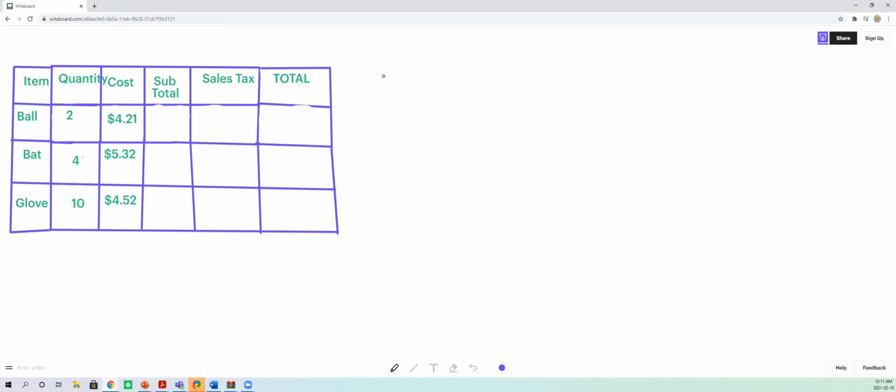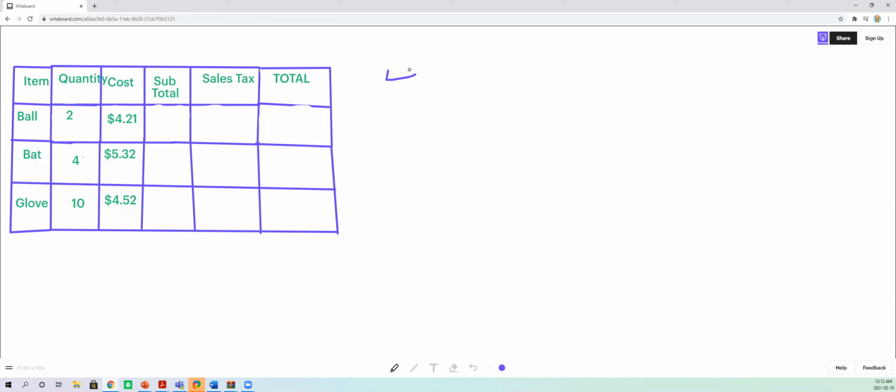So if we have a ball that is $4.21 in price, and this baseball team is buying 2, we need to figure the math the way that we instructed in our first lesson about multiplying decimal points. So I'll pause and let you figure this one out.